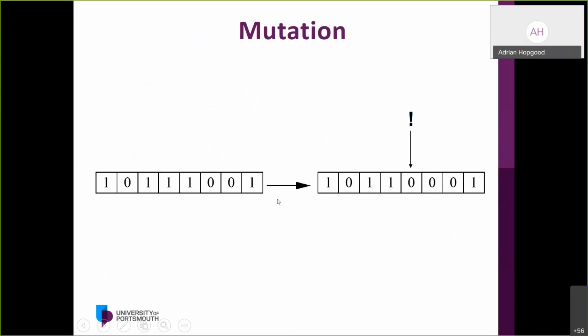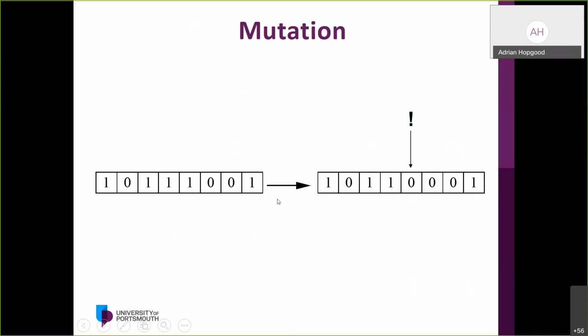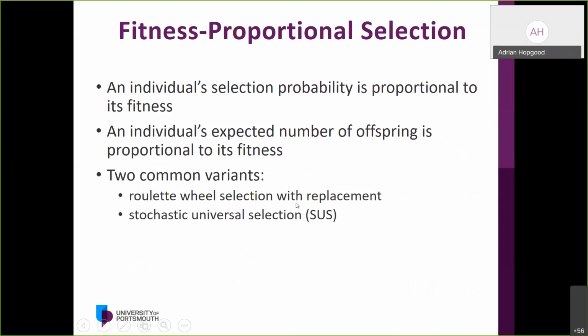So these are variants along the idea of swapping genetic material to produce offspring which are different from the parents but share their characteristics. And as I mentioned earlier, mutation is a way of altering individual genes to give you some additional diversity, variety in the population. So I mentioned that the fittest individuals are selected for reproduction.